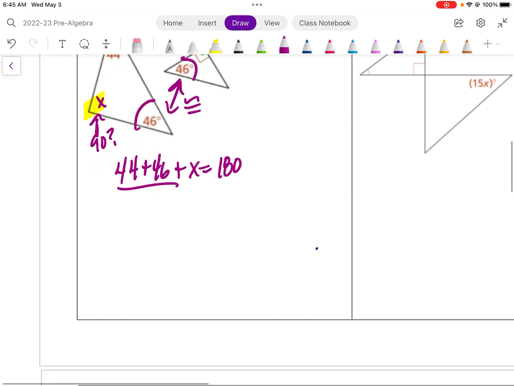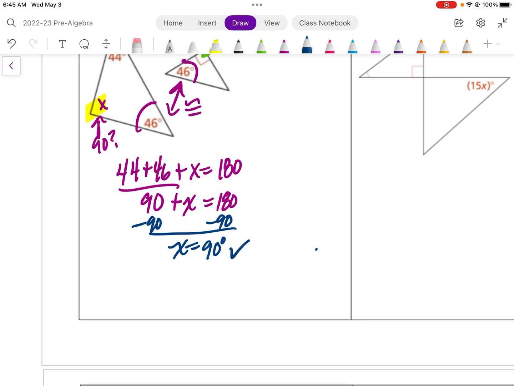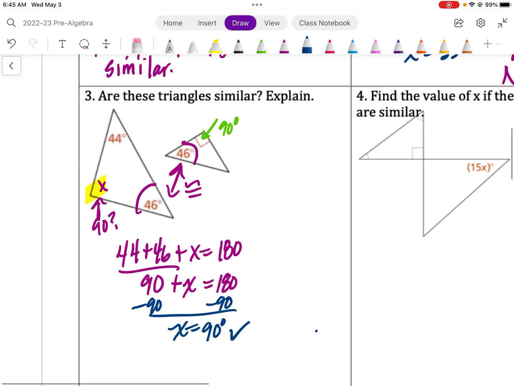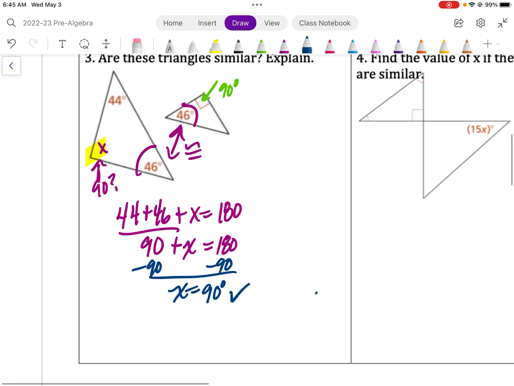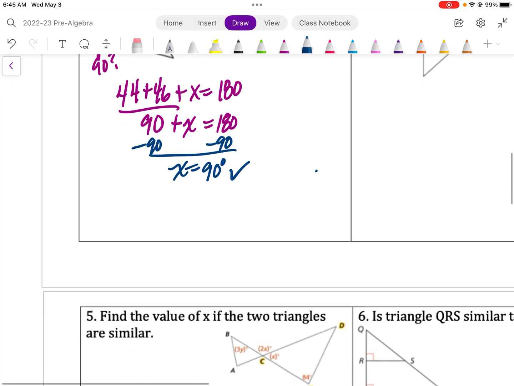let's get a sum here. So it looks like that is 90. And then if I subtract that from both sides, okay, I just proved that indeed this missing angle measure is 90 degrees. So by default, that means that they both contain a 46-degree angle and they both contain a 90-degree angle measure.